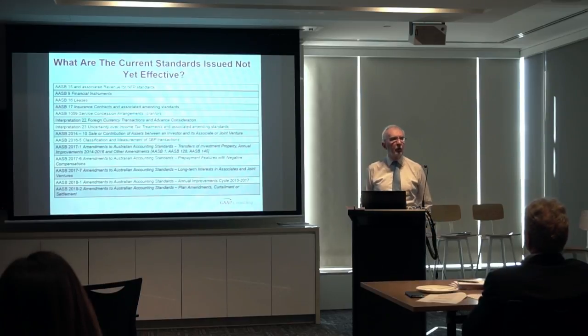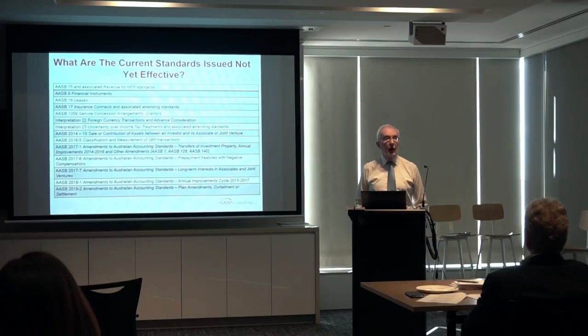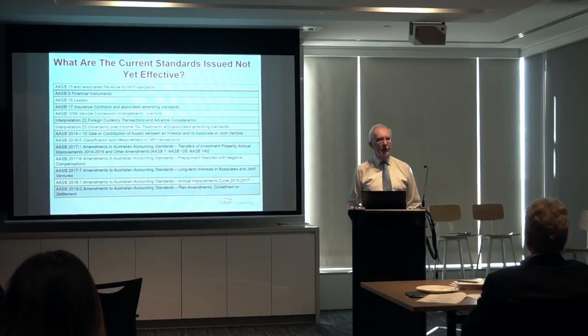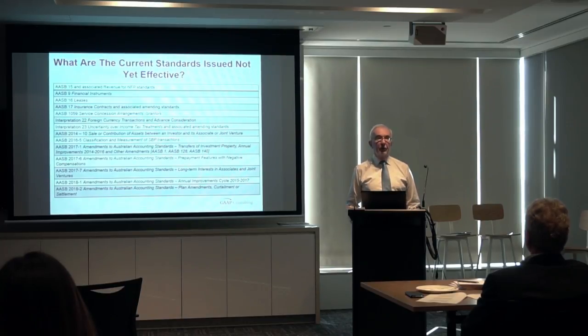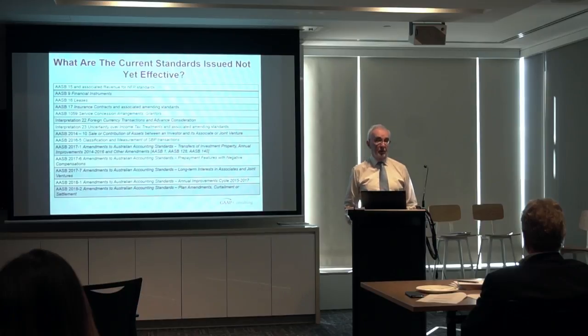The listed entities, and I know that there are a number of you in the audience, I make this point very strongly. Having been involved in a number of class actions for breaches of continuous disclosure, it is very important for you, once you identify the impact of these accounting standards, to make the disclosure to the marketplace.